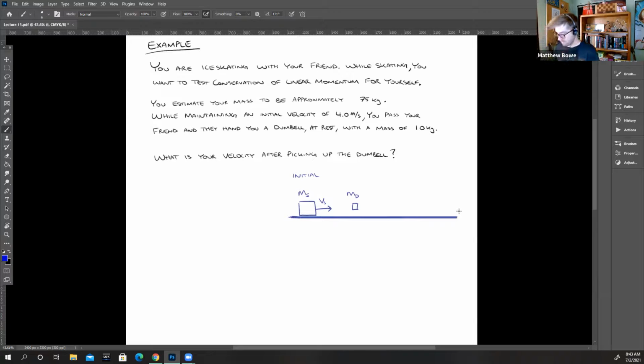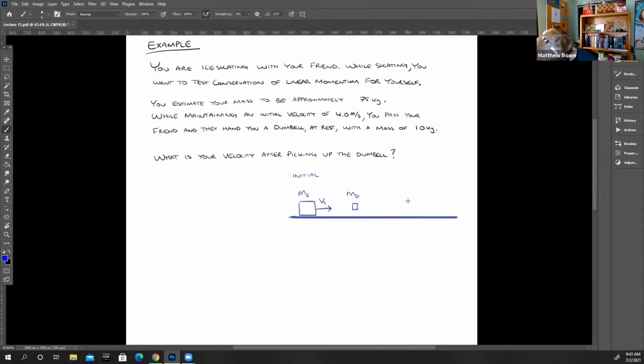So we have an initial condition. What's our final condition? We took the first picture, that's this. What's the final picture? Well, it's when the two are together, after the skater has picked up the dumbbell.